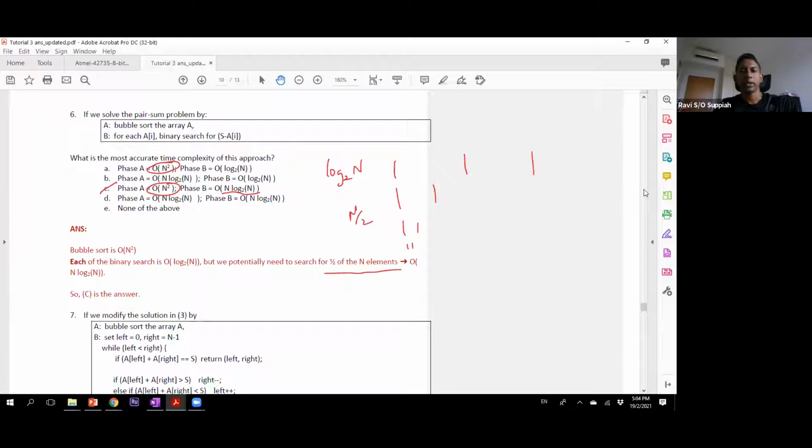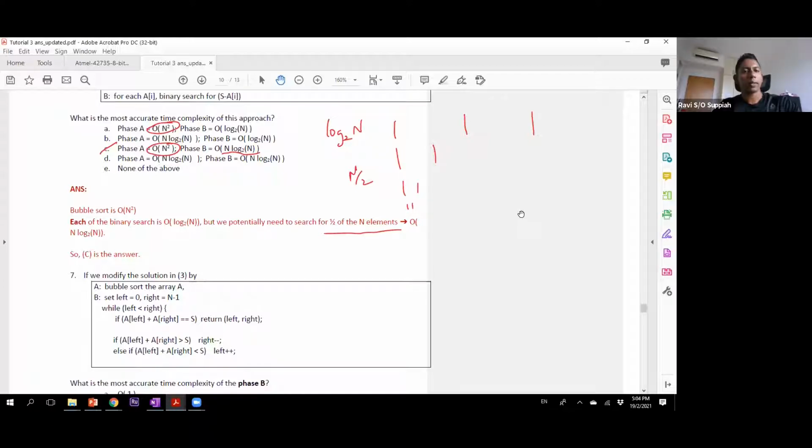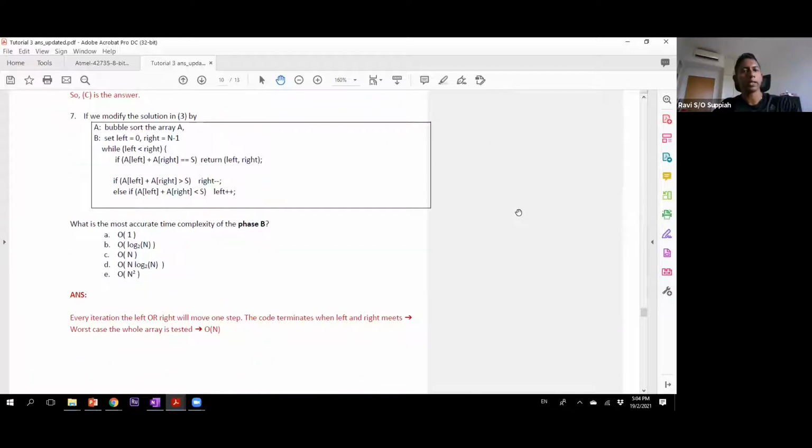Again, it is very similar to what we have been seeing in our earlier tutorial questions as well. For the last part here, if you modify the solution, so bubble sort first, and then we look at this approach where we have two indexes.